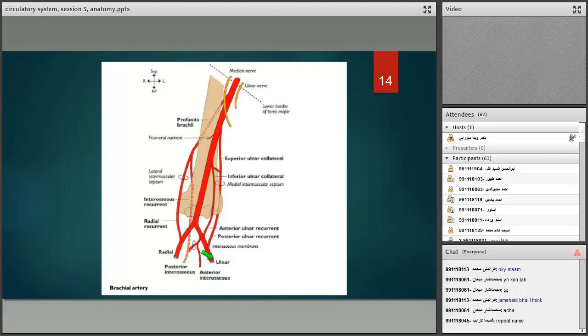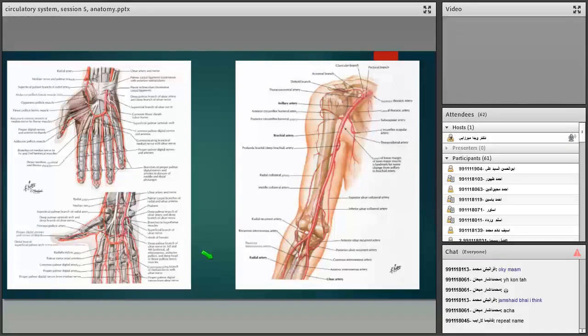These are supplying the blood for the superior limb or upper limb. At the end, look at here, we have subclavian artery, here we have axillary artery, and here we have brachial artery. It's just the same artery, it has different names in different regions, axillary and brachial.